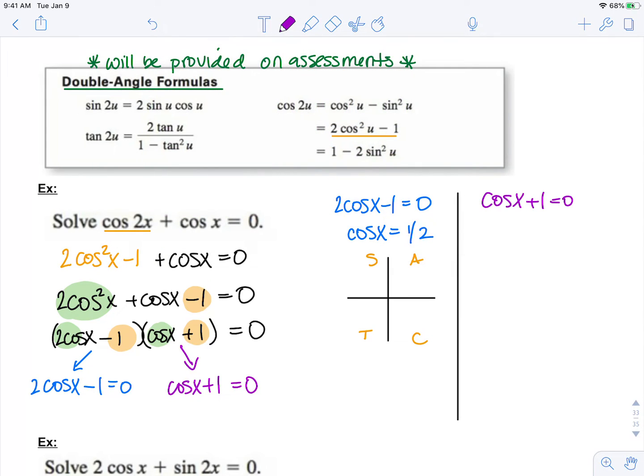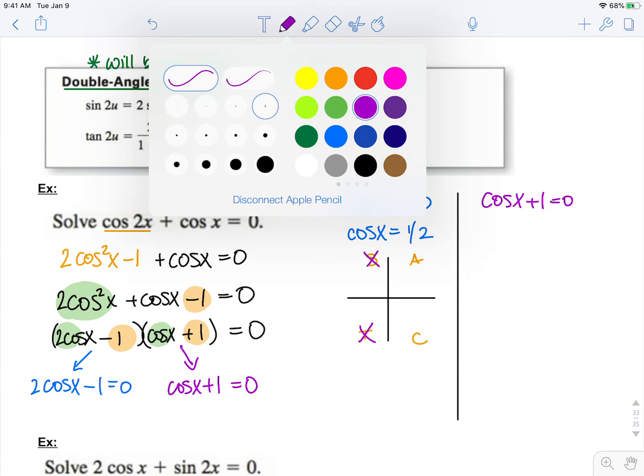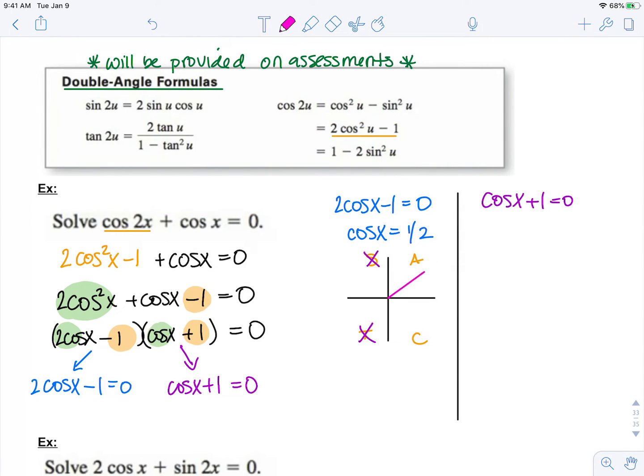Well, cosine will not be positive here, and will not be positive here. So my two possible angles are here and here. So cosine is 1/2 for pi over 3, and this angle is going to be 5 pi over 3.